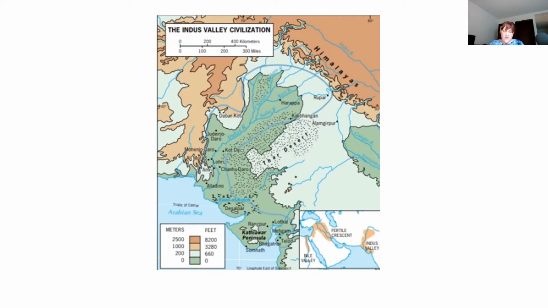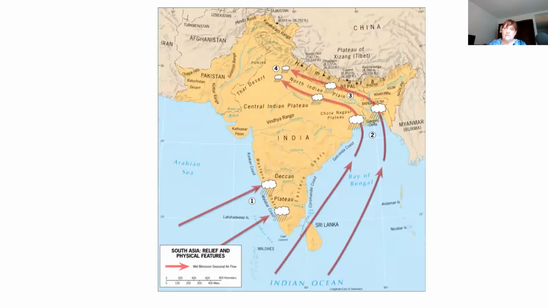So Islam was there for 7 centuries. And when it left, you had Pakistan and then what's currently Bangladesh. This was West Pakistan, and Bangladesh was East Pakistan, and then all the way up through the range above.